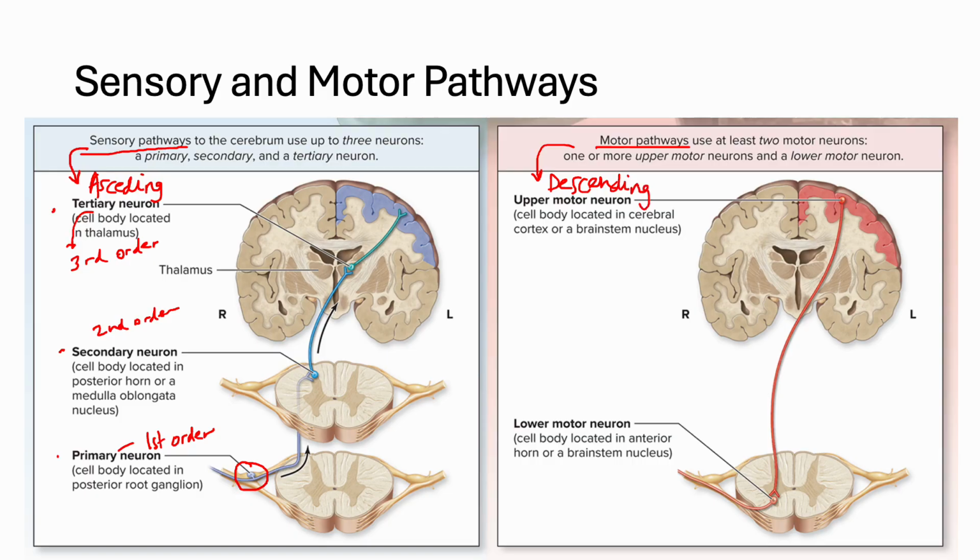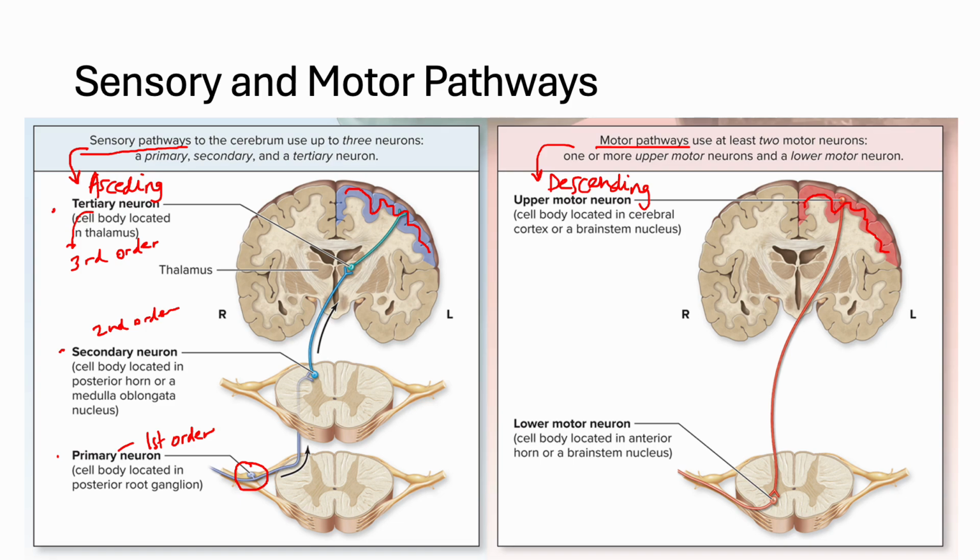I do want to point out something that's review. We've already covered the brain. We know that this area of the brain, the gray matter, is the cerebral cortex. We also know something about the areas of the cerebral cortex and some of the functions that happen in these areas.